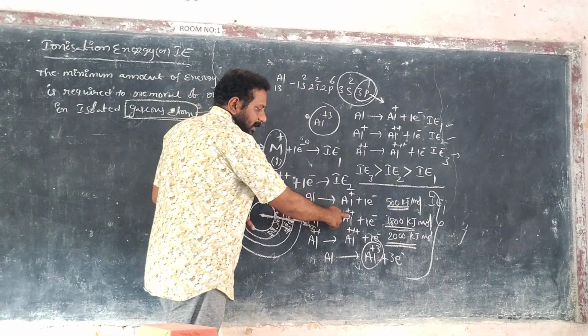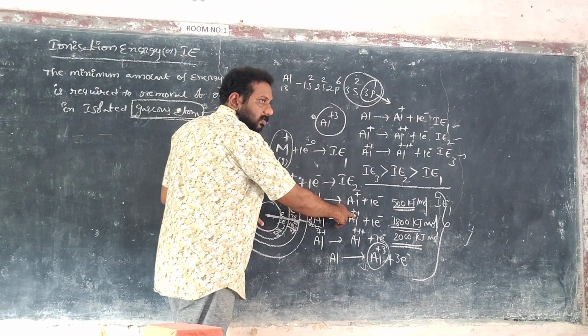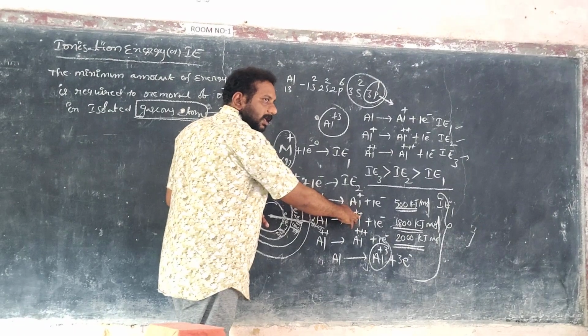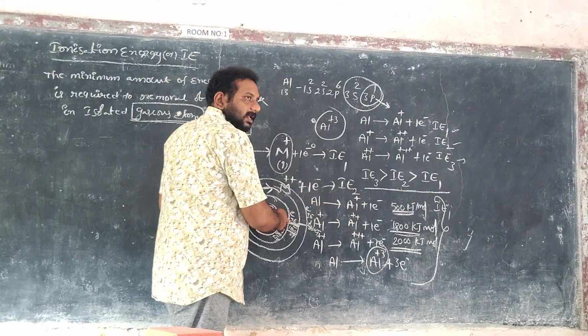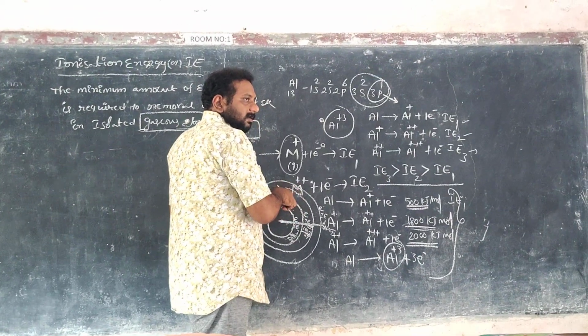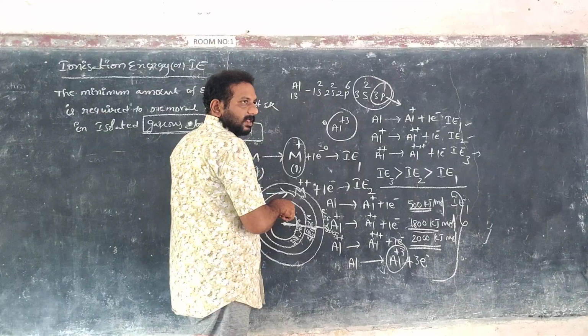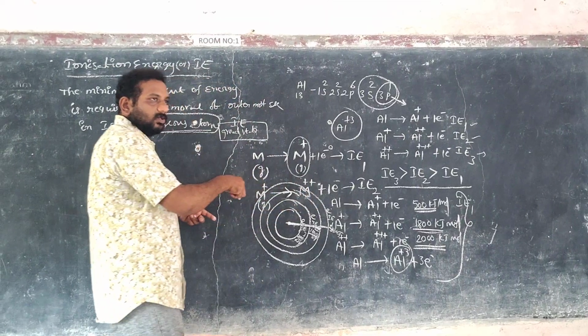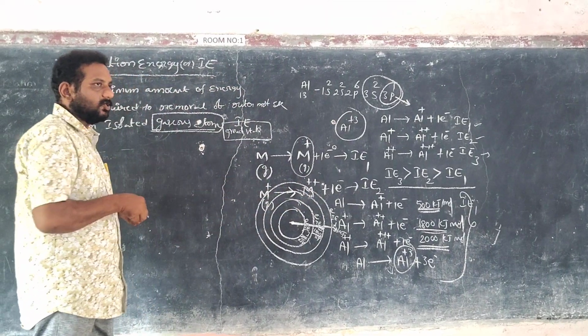To form a dipositive ion, some amount of energy is required. We have to use a little more energy for IE2 than for IE1.